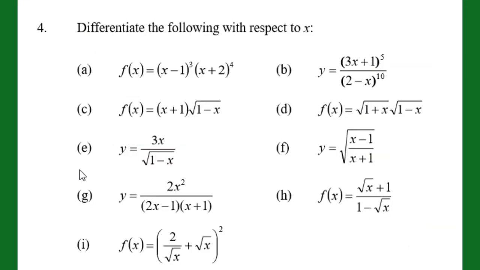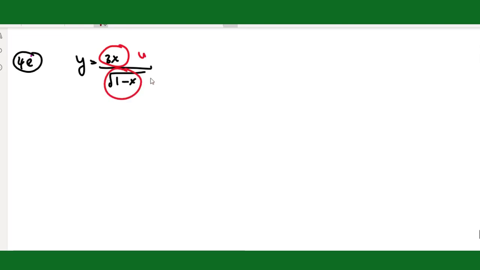Good question. For E, this one is going to use u over v, right? Use the quotient rule. Okay, this is u, this is v.